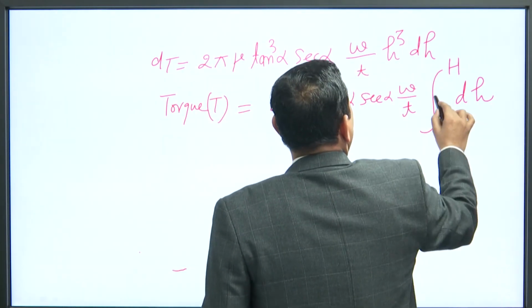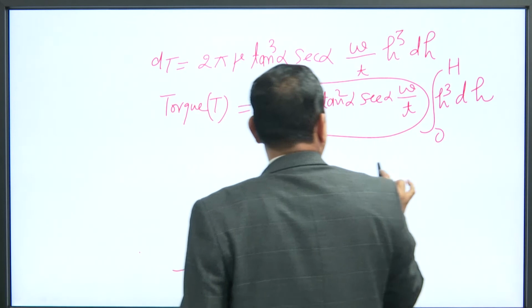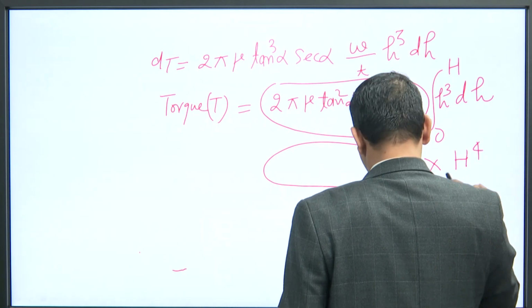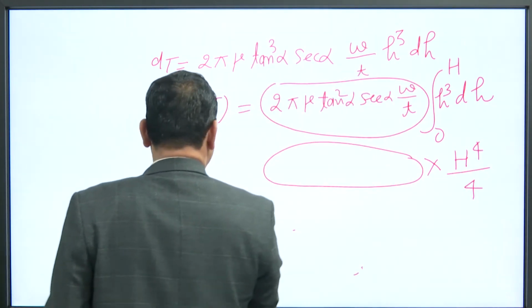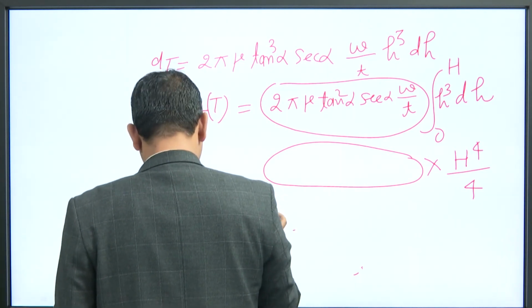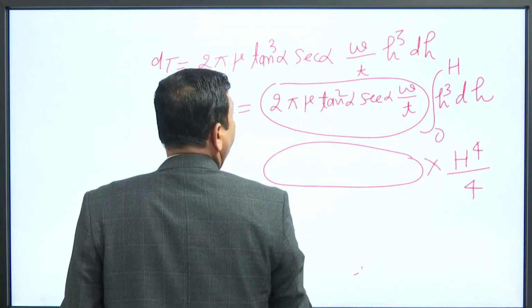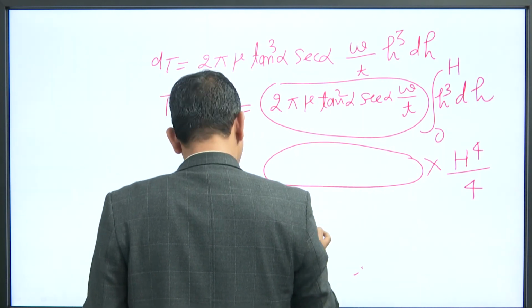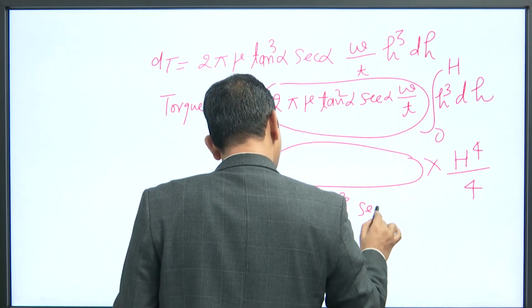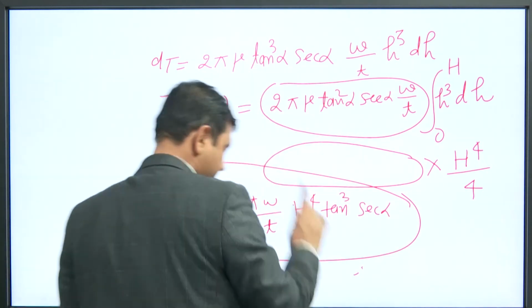So this becomes h cube, and the constants remain, into h to the 4 upon 4. So the torque capital T becomes twice pi mu upon 2t into h to the 4 tan cube alpha sec alpha. This is the very important result, the torque.